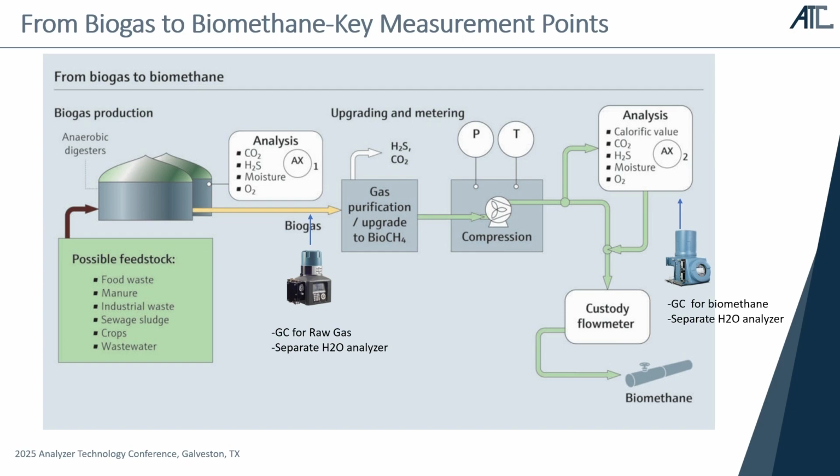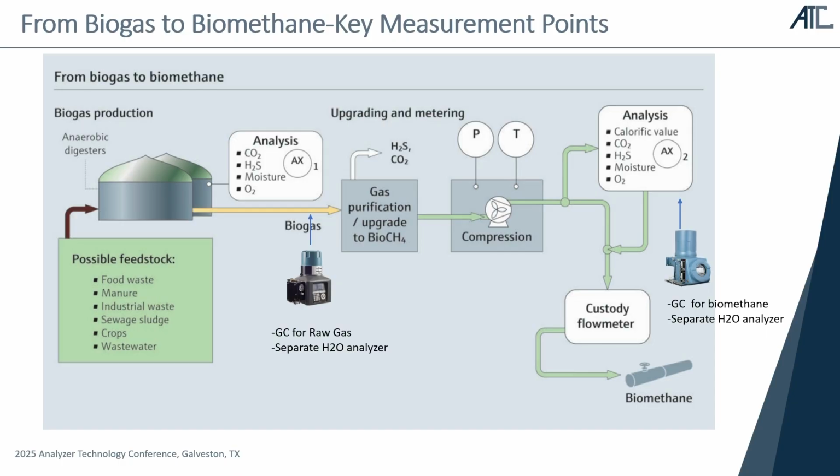So during this process, from biogas to biomethane, there are 2 key measurement points. One is right after the digestion process, measuring raw gas, because the composition of the raw gas directly affects its product quality, so it must be measured.